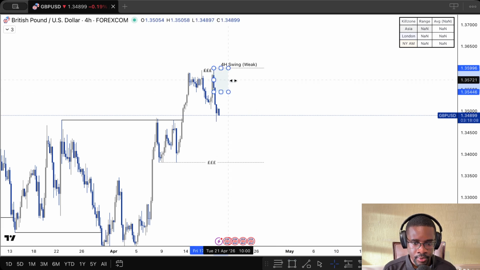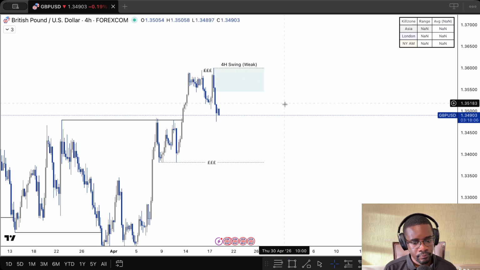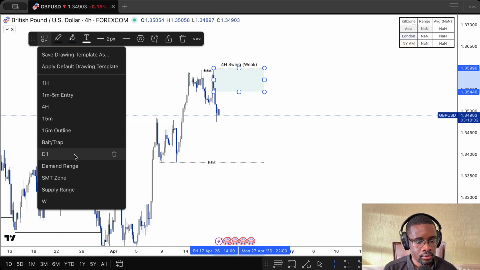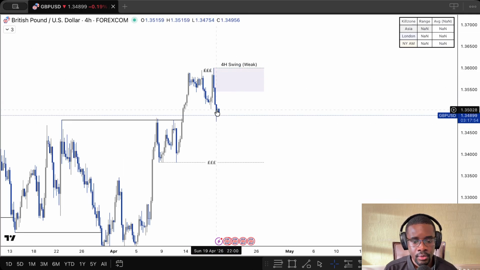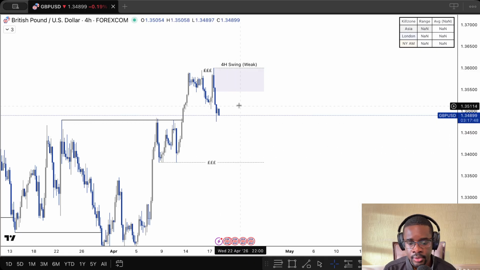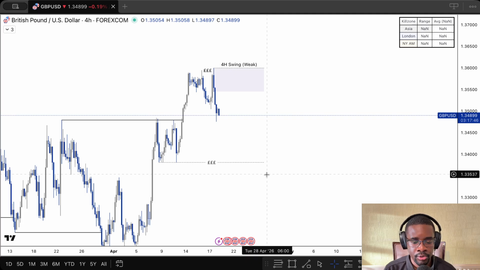Of course, this could be an area of supply after this change of character. Okay, so we could have a pullback at some point and then price continuing bearish.